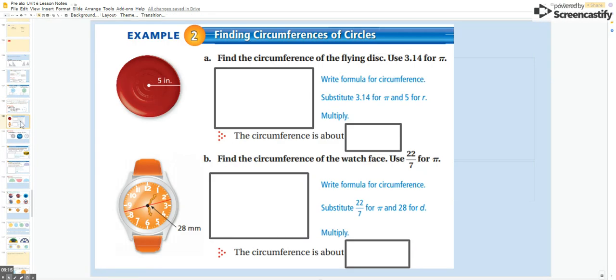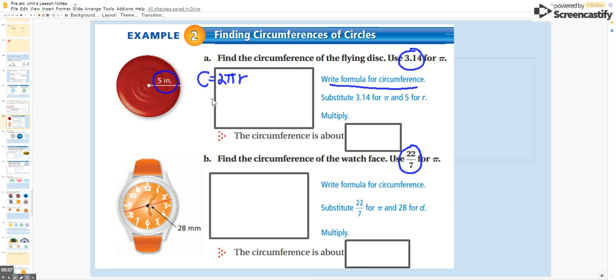So let's look at the example. Find the circumference of these two objects. They said to use 3.14, but for B, they said to use 22 over 7. All right, so I'm going to write the formula for circumference, which is 2 pi r, because we know the radius.